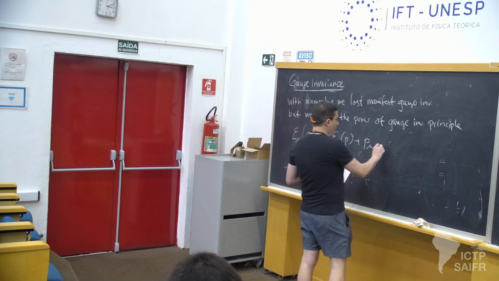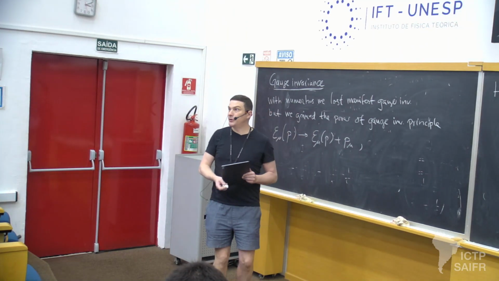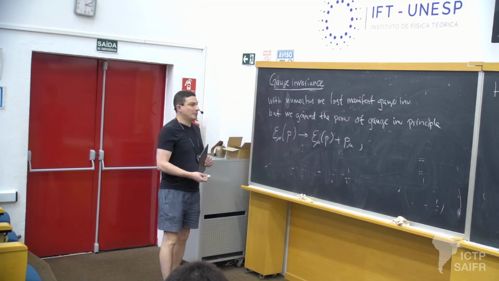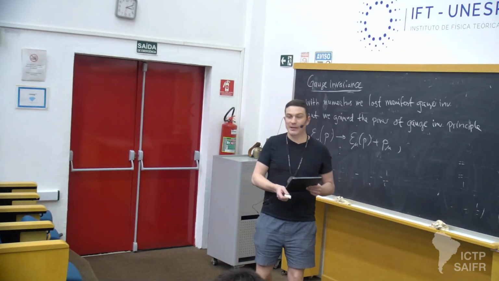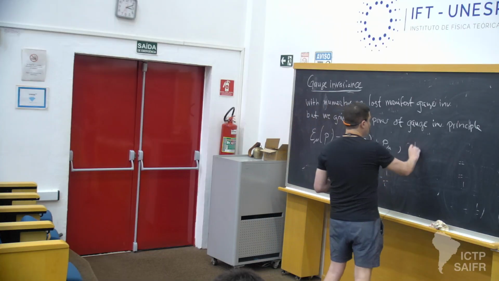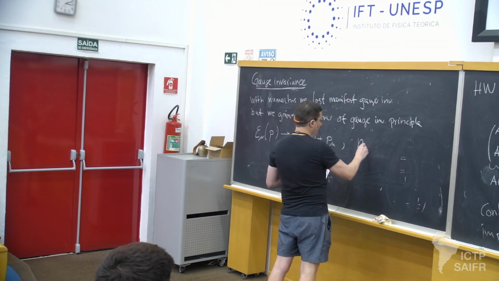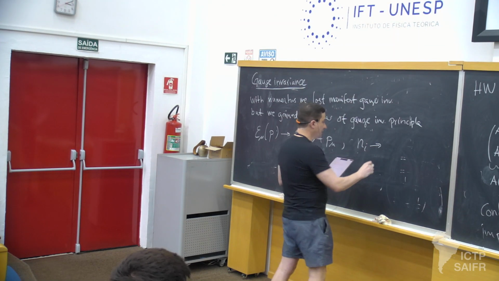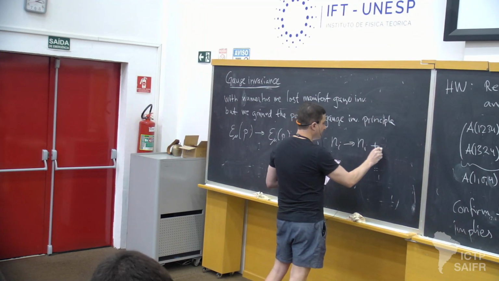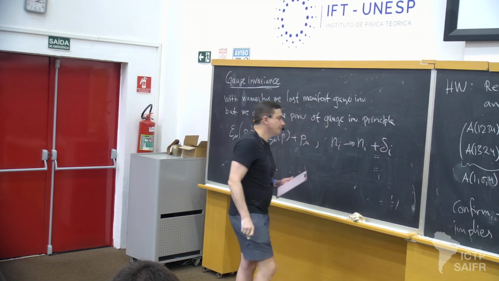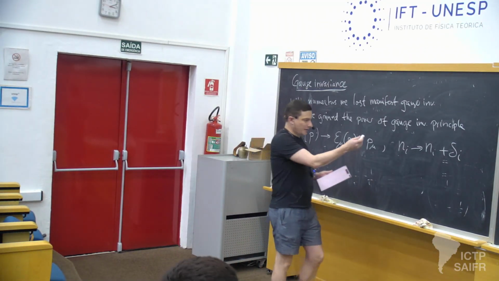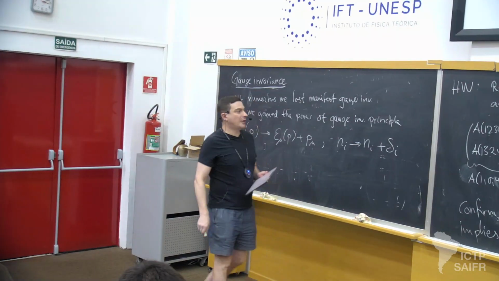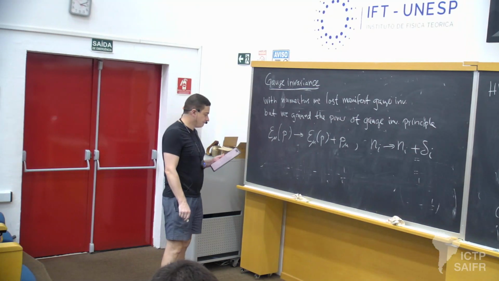What's going to happen to my numerators? Well, I know that my numerators are going to be a linear function of the polarization vector. That's true in a gauge theory. So I would expect that my numerator should also transform with some kind of shift. Let's just call it delta I. So my numerator just shifts by a set of functions, delta I.